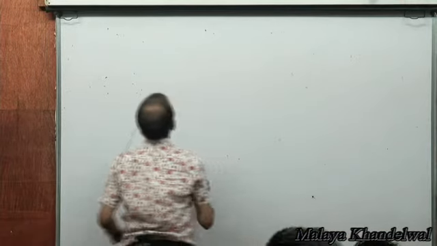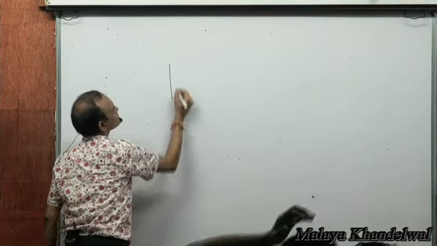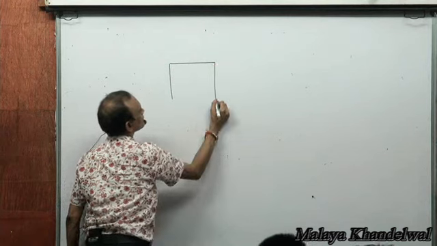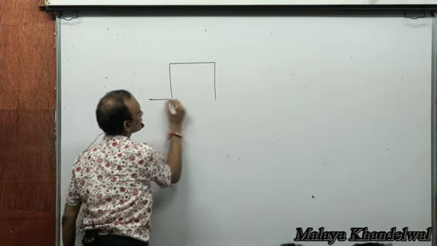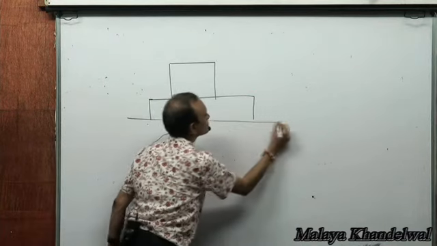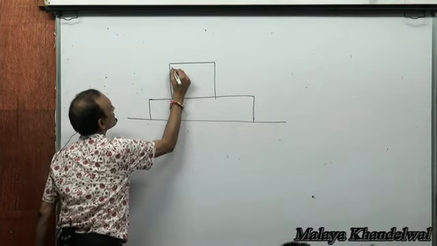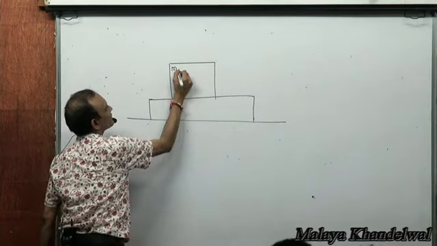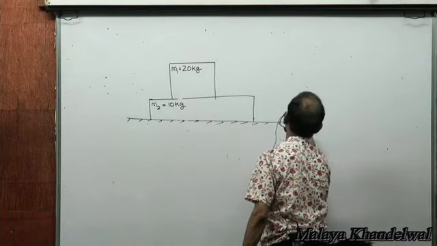Say there are two blocks, all right. Say m1 equal to 20 kgs and m2 equal to 10 kgs, and there is a fixed smooth horizontal surface. This surface is fixed and smooth.